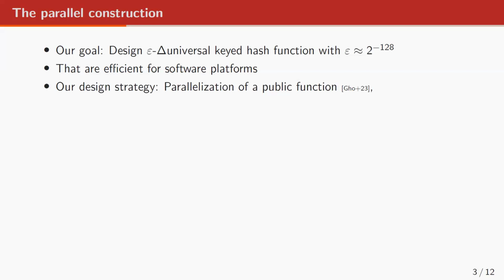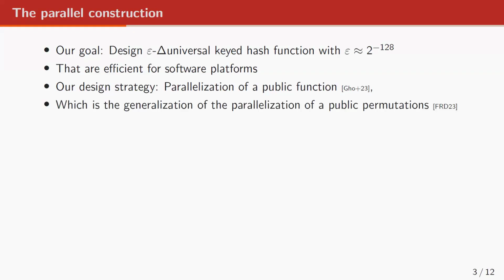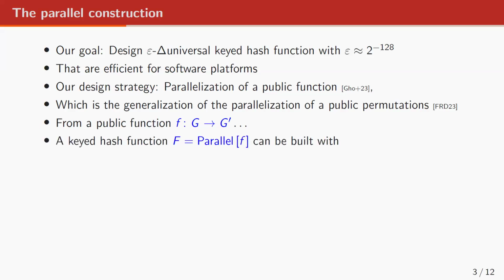To design such a keyed hash function, we use the parallel construction, which parallelizes a public function. This is a generalization of the parallelization of public permutations by Fuchs et al. And the construction works as follows. From a public function, which is a function f from a group G to another group G prime, we can build a keyed hash function that we call parallel f.